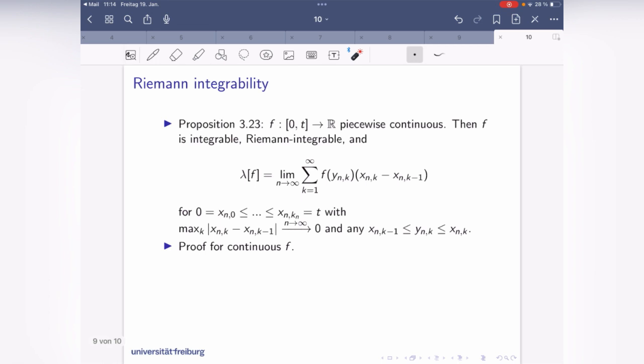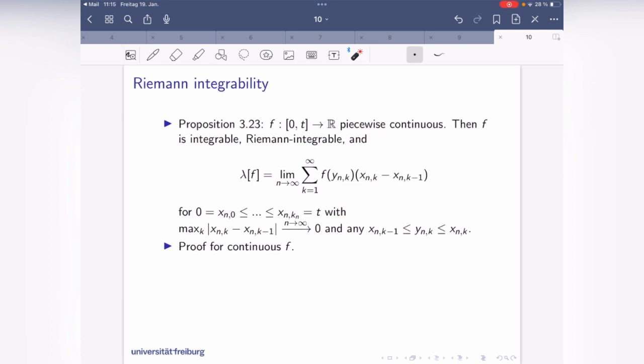And, well, there are connections between Riemann integrability and integrability in the sense that we had on the first few slides today. Here's one connection. You have a piecewise continuous function.